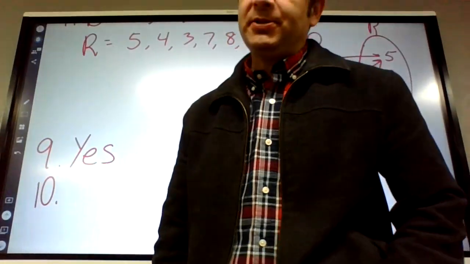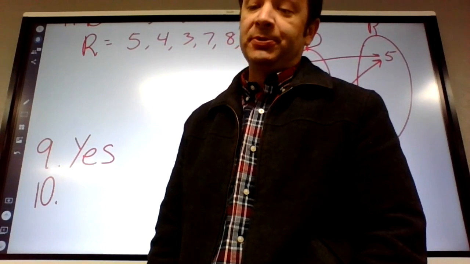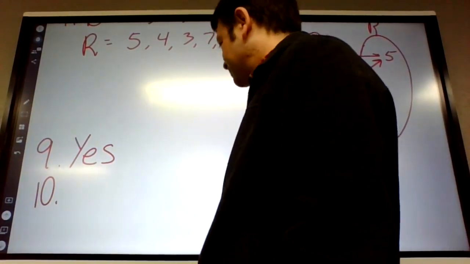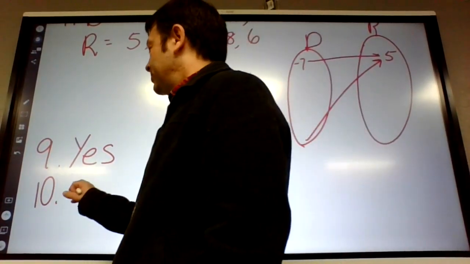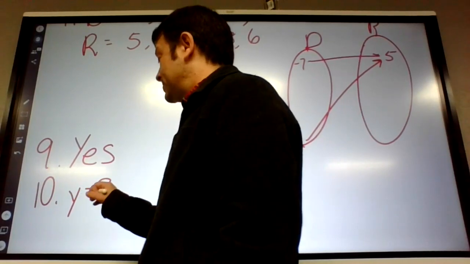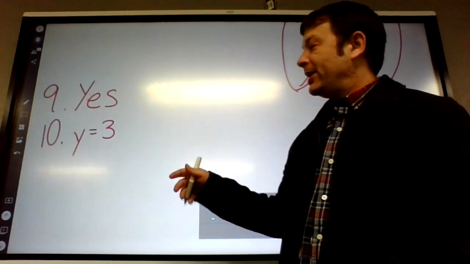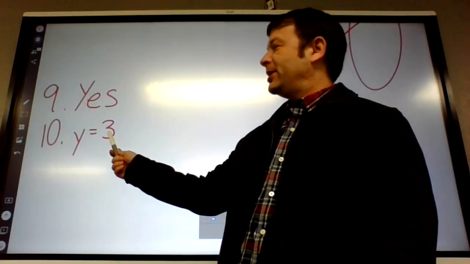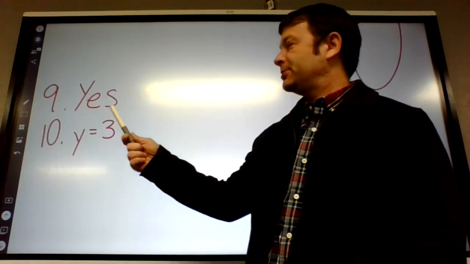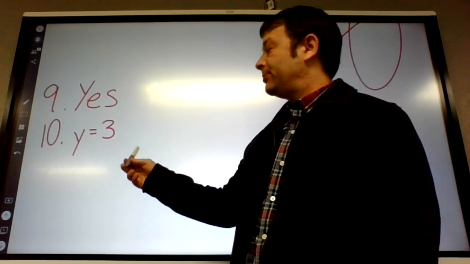Okay, number 10, it just says, is y equals 3 a function? I don't know why they threw this one in here, but since they did, we'll talk about it a little bit. Y equals 3 means no matter what x value you use, there's always going to be y equal 3.